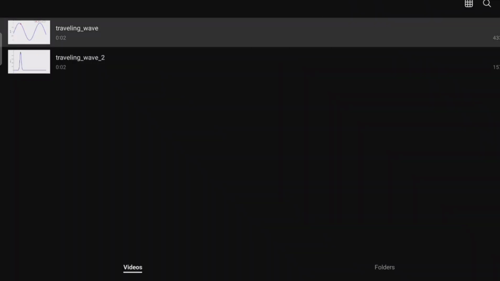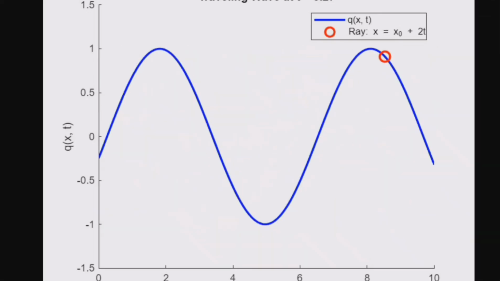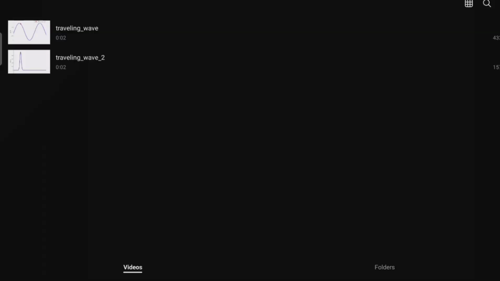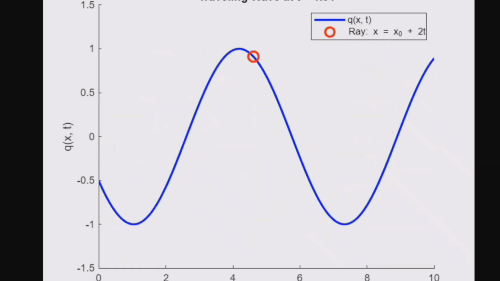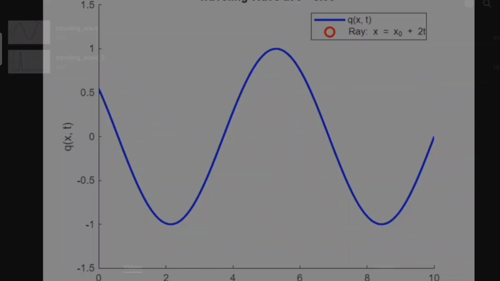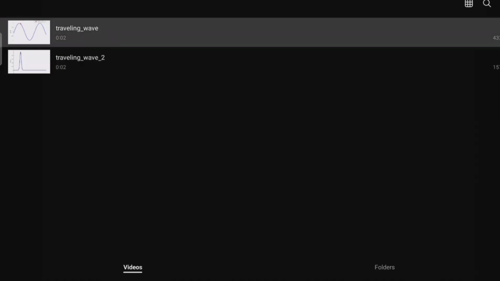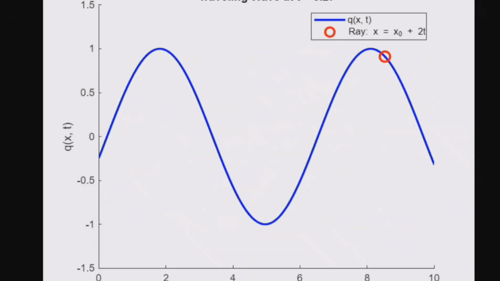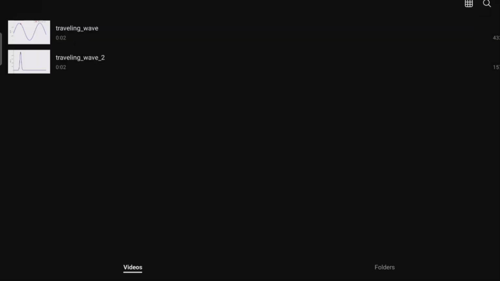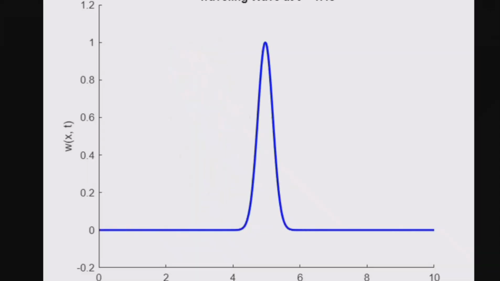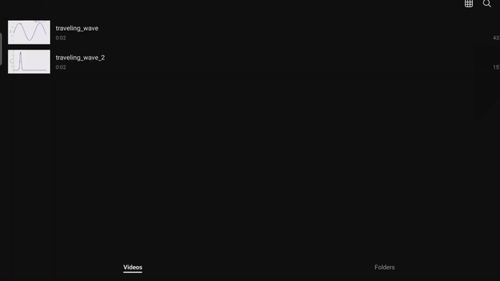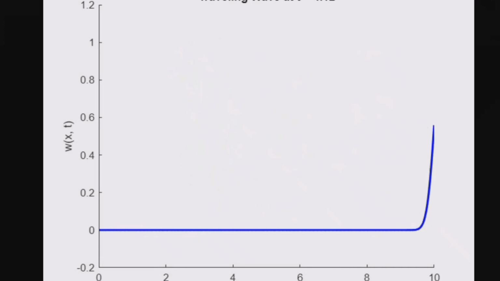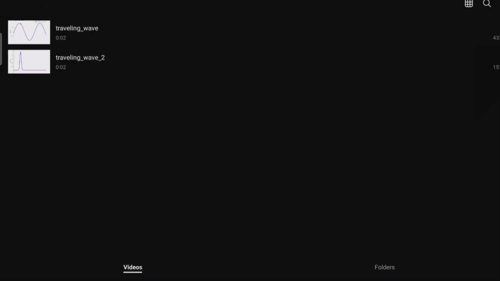For example, you can see that this is the traveling wave. You can see it is moving from left to right. On the y-axis, we have Q. On the x-axis, we have X. And this is another wave, and it is moving from left to right. So these are the waves actually.